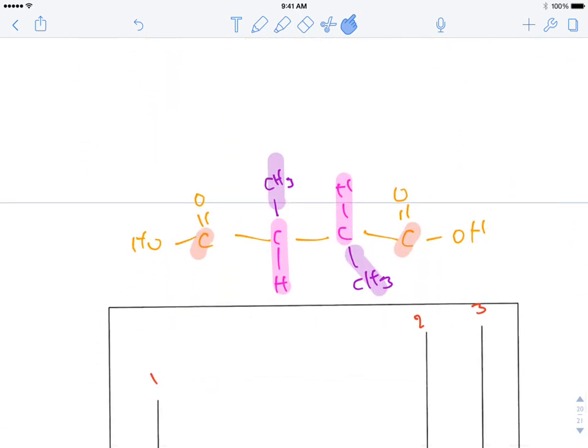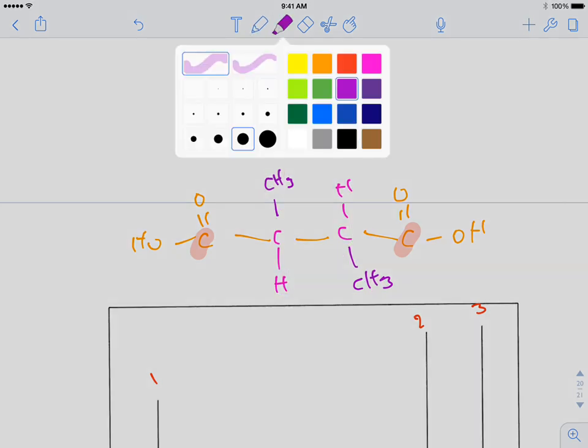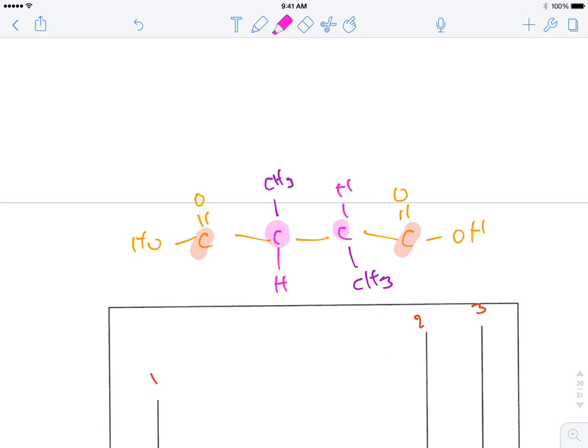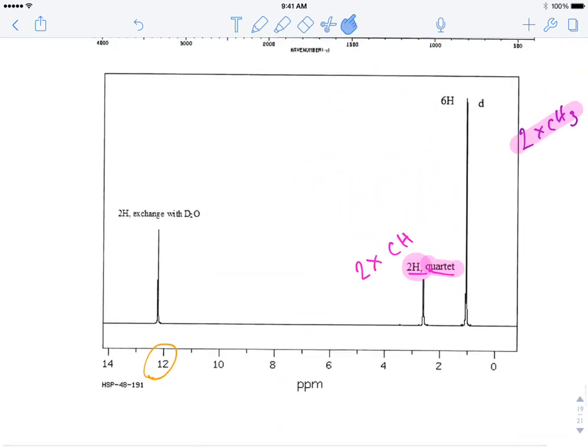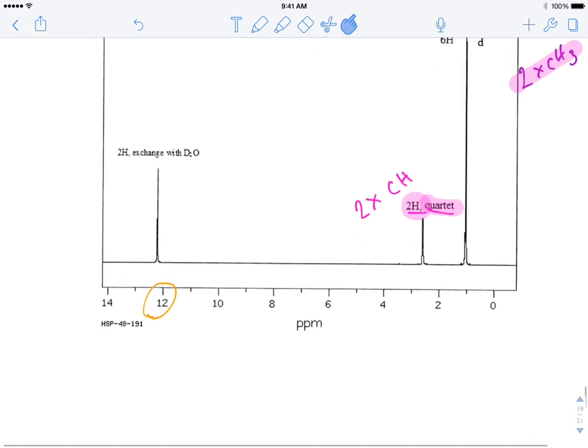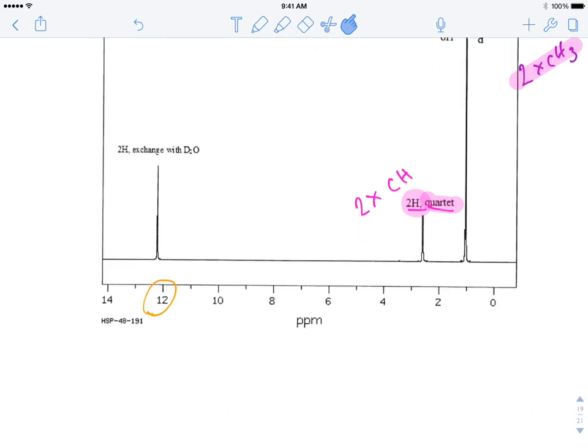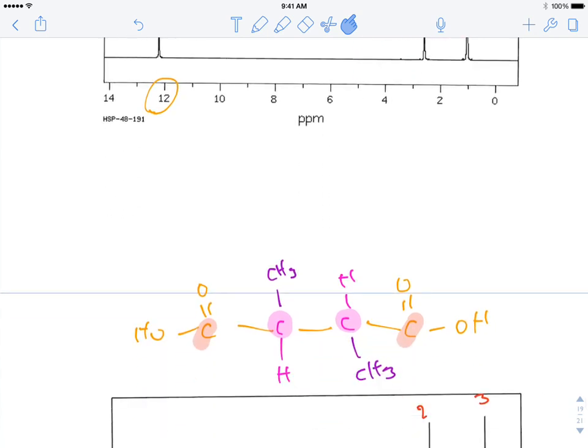So one thing I need to point out here, though, is you would expect this carbon here in the center. Let me see if I can, there we go, remove those. We have this carbon here. We saw that on the H NMR, it's represented as a quartet, meaning that it has 3 hydrogens next to the 3 hydrogens on the surrounding carbons, which we have here, those 3 hydrogens.